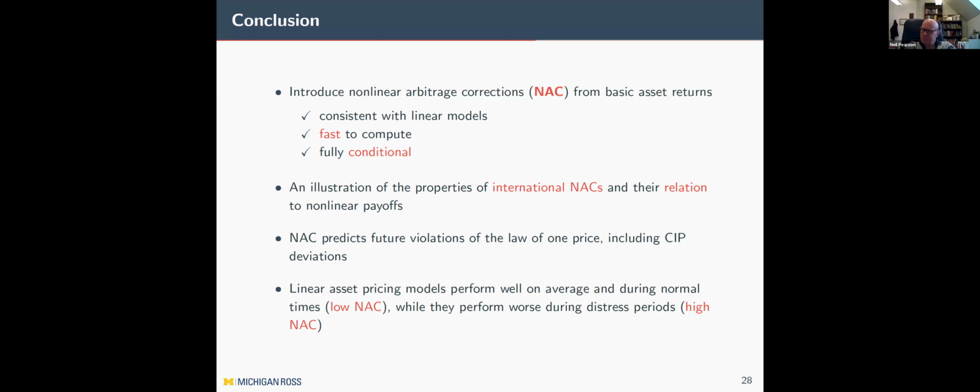This is an excellent question, and in fact, we are working on a new paper in which we look at exactly that. With equities, we have a larger cross-section, right? And with a larger cross-section, we cannot price all of these assets exactly, such that the pricing error is exactly zero. So we want to see how some benchmark linear models, think about the CAPM, the Fama-French 3-factor model, 5-factor model, or intermediary risk factor models, what is the nonlinear arbitrage correction implied by all of these models.